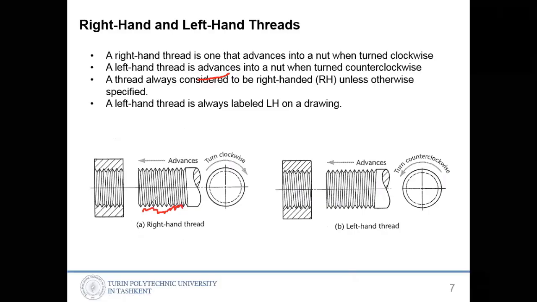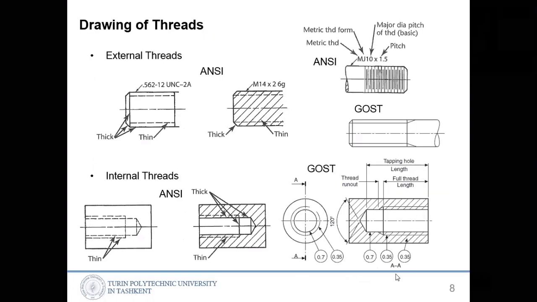In the drawings we are not drawing this kind of style. In reality you will see this kind of threads, but in the drawings it's very difficult to draw. So that's why we make a simplification in the drawings. And different countries or different standards, like American or UK, make the simplification differently.